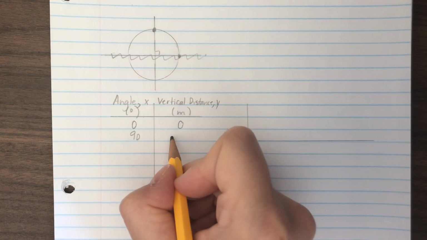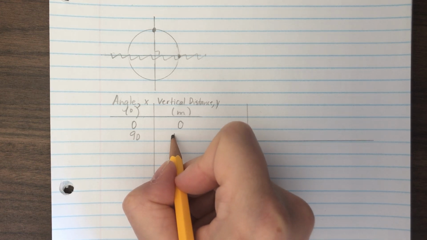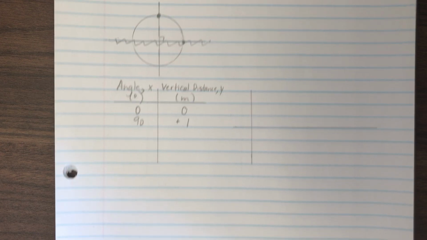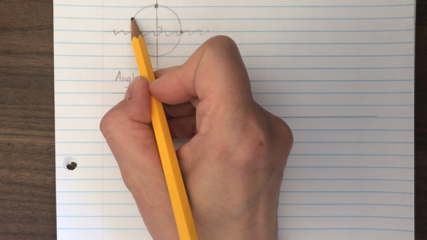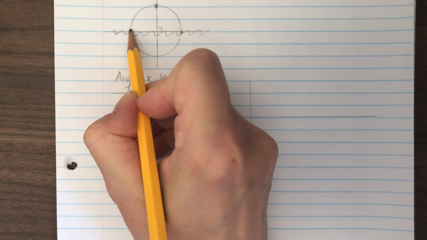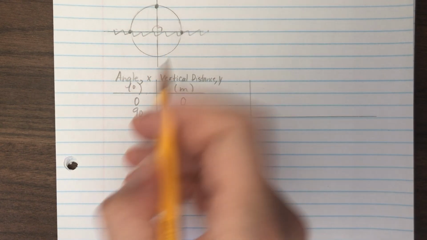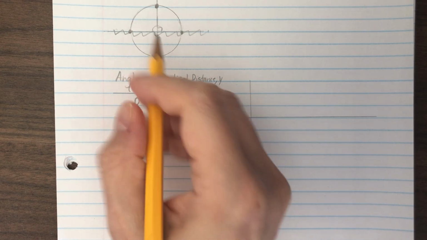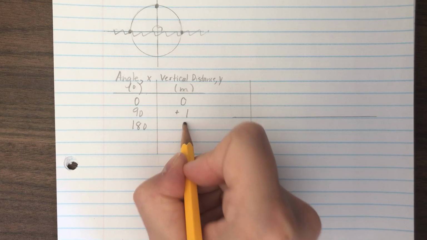And since it's above the water, we're going to use a positive 1 for the vertical distance. Then he's going to continue rotating and end up over here. Now he has rotated a total of 180 degrees, and he ends up back at the water level, so at a distance of 0.